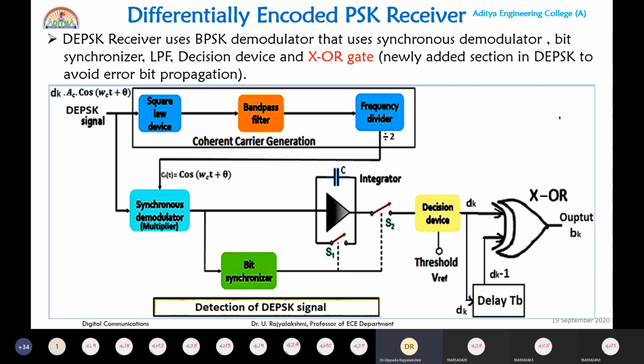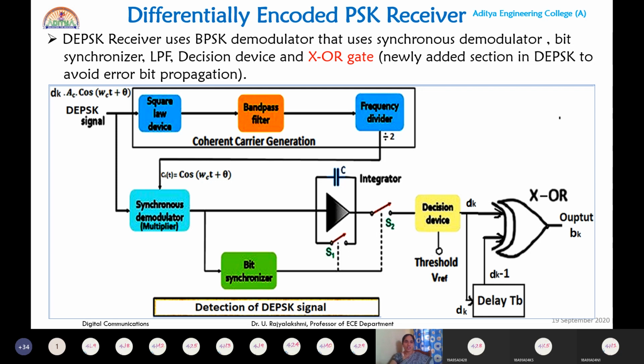That polarity problem in BPSK you can overcome using DEPSK. How do you overcome it? By considering the unipolar signal. If you consider it as bipolar, then once you square the signal, b of t squared is always positive.